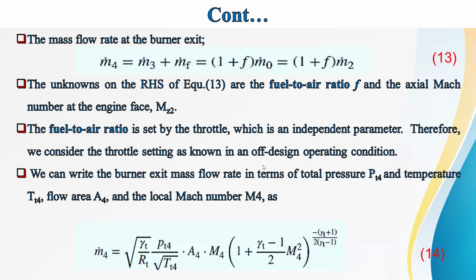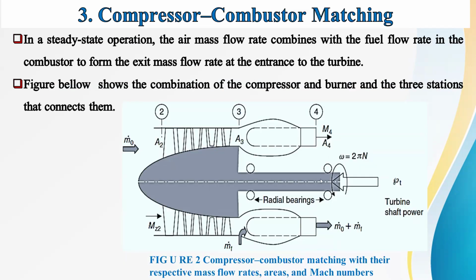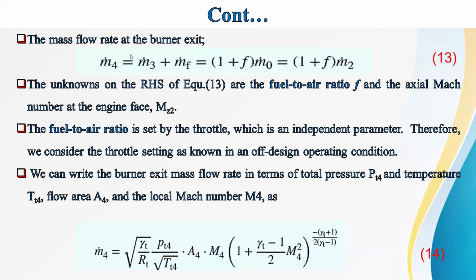So the mass flow rate M4 is equal to M3 plus MF. You see, the mass flow rate M4 is equal to M naught dot plus MF dot. That is the mass flow rate at the burner exit. And we can represent it by 1 plus F, where F is the fuel to air ratio, the stoichiometric ratio.